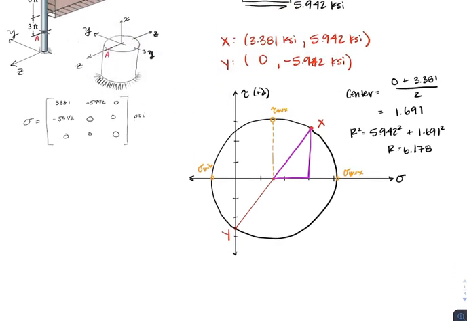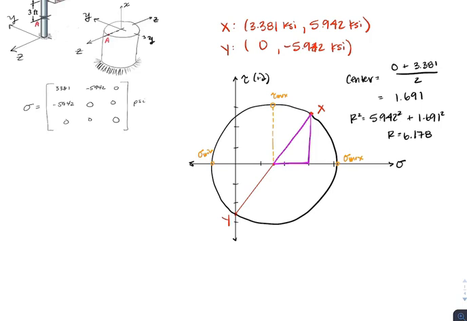Our max shear stress, tau max, is just going to be equal to the radius. As you can see, that height is equal to the radius of the circle. So that gives us 6.178 KSI.